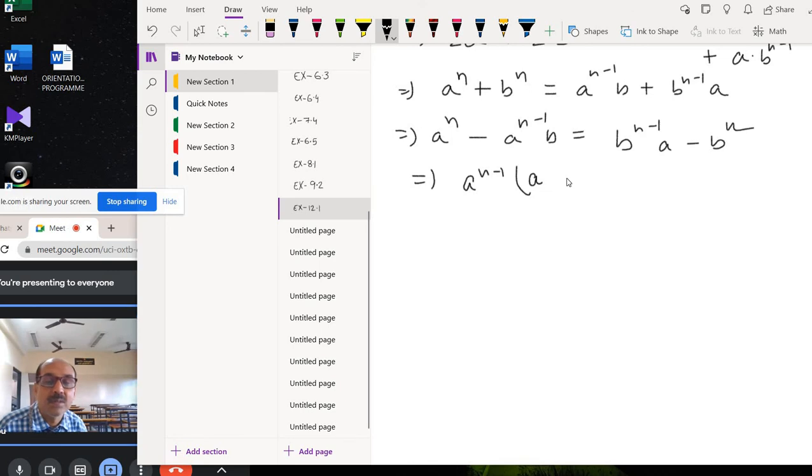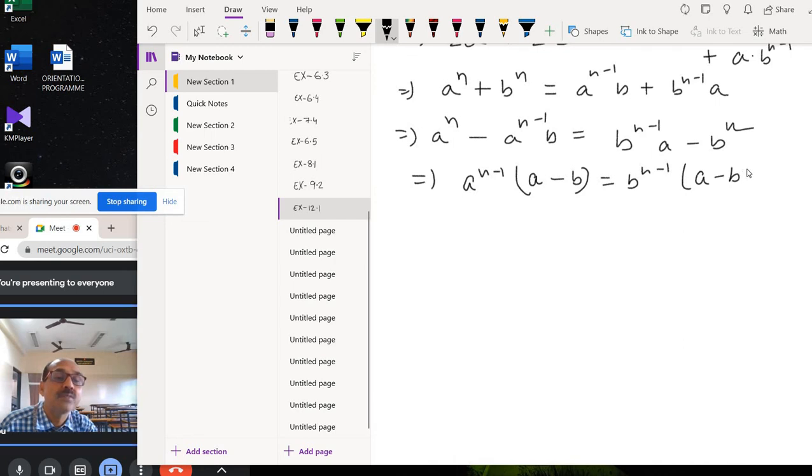So we can write a to the power n minus 1 into (a minus b). So this equals b to the power n minus 1. On the right side take common b to the power n minus 1 into (a minus b).